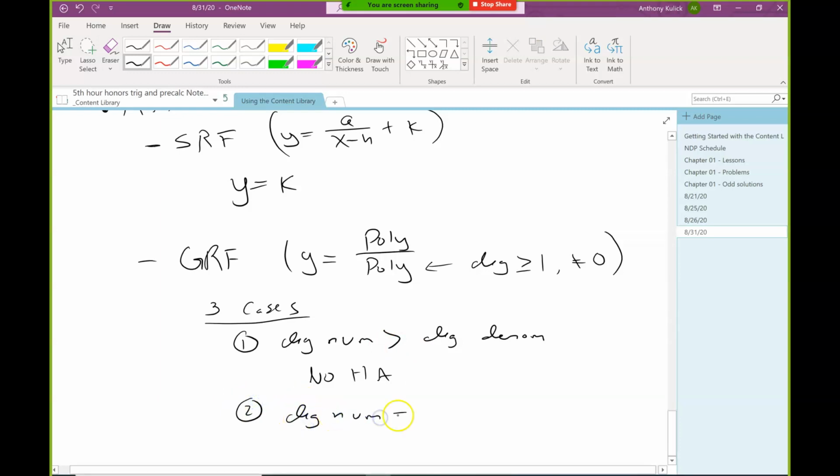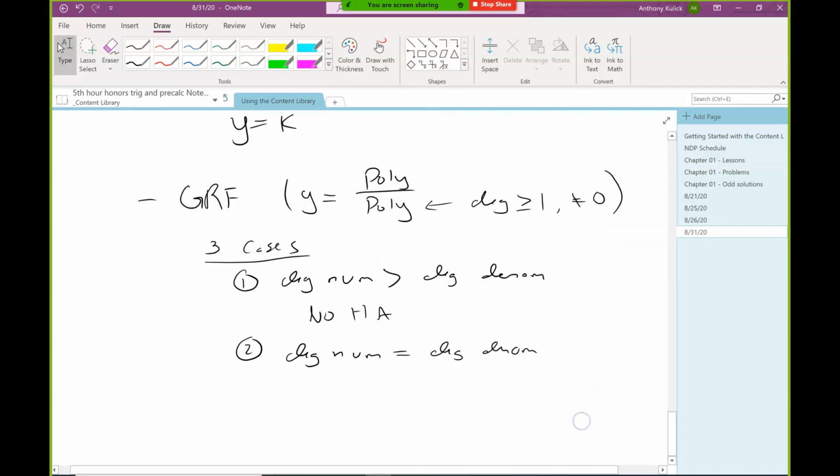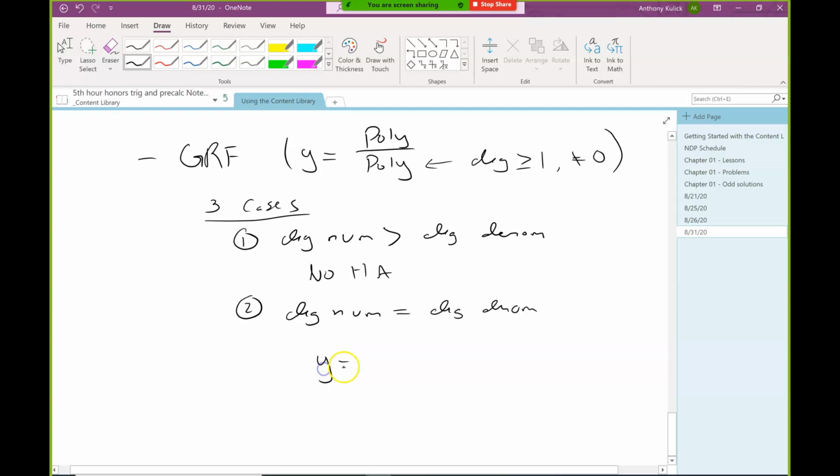If the degree of the numerator equals the degree of the denominator, your horizontal asymptote is going to be the leading coefficient of the numerator over the leading coefficient of the denominator. LC is just me abbreviating leading coefficient.